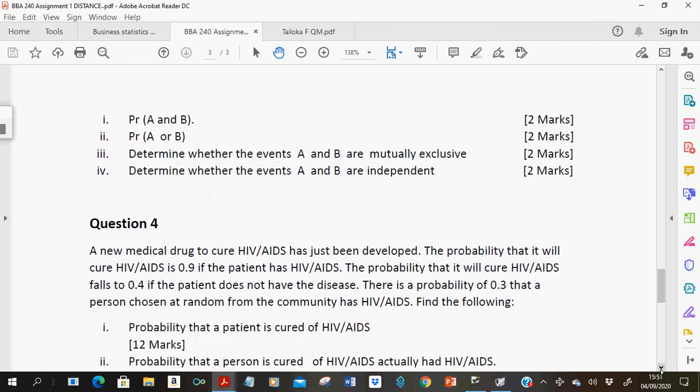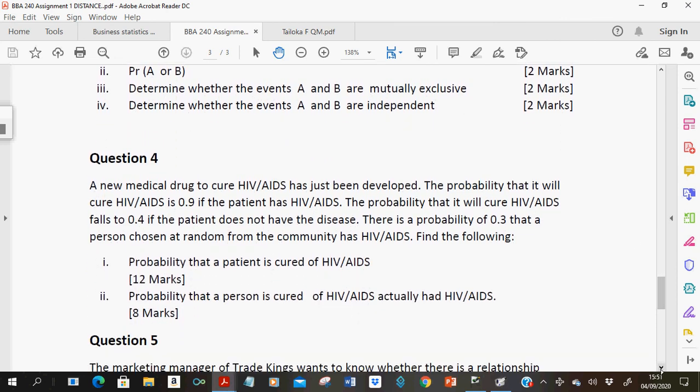In this question, we're given that a new medical drug to cure HIV/AIDS has been developed. The probability that it will cure HIV/AIDS is 0.9 if the patient has HIV/AIDS. The probability that it will cure HIV/AIDS falls to 0.4 if the patient does not have HIV/AIDS.